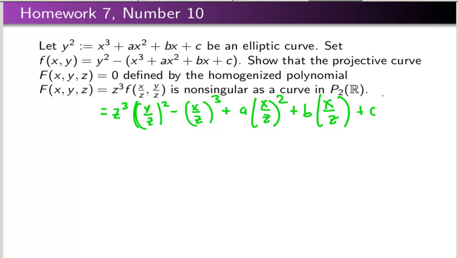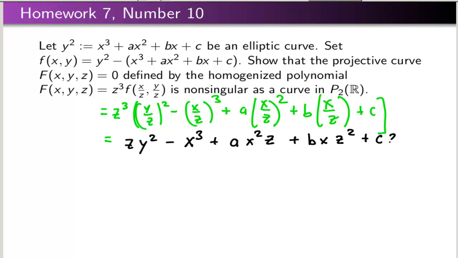Okay, the z cubed is sitting out here like that. Looks like z y squared minus x cubed plus a x squared z. So we're just homogenizing the polynomial here. Okay, so that's what f of x, y, z looks like.